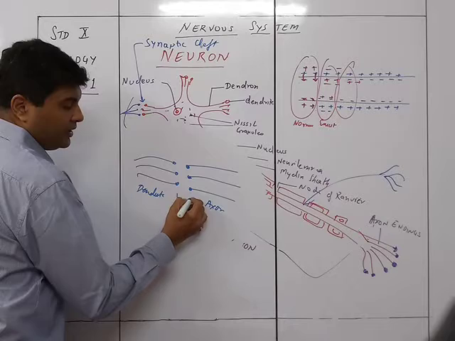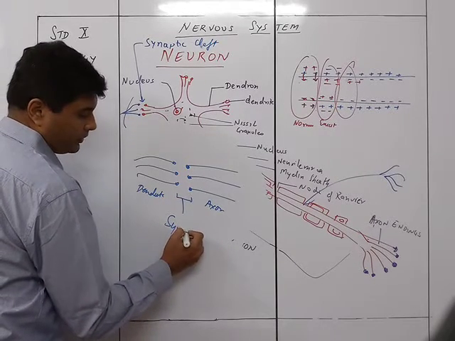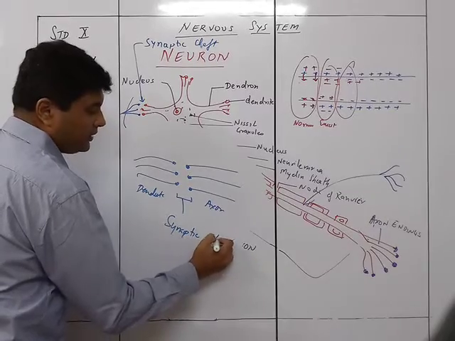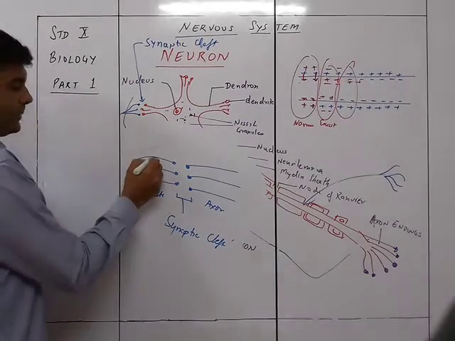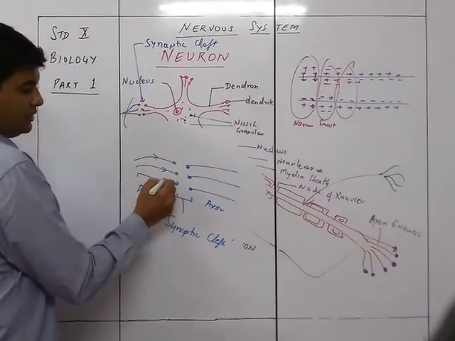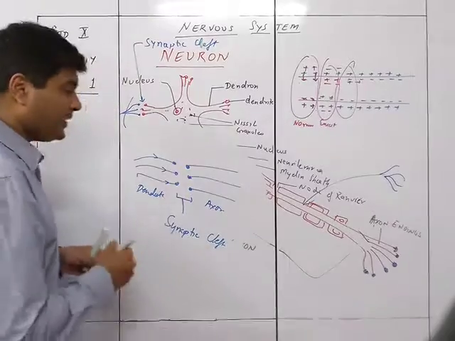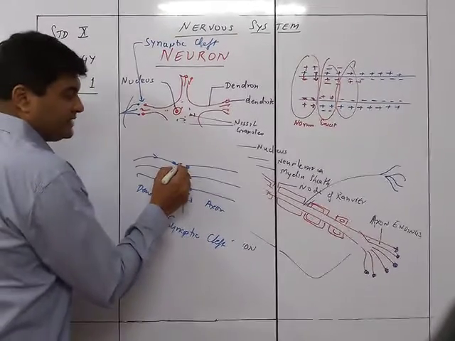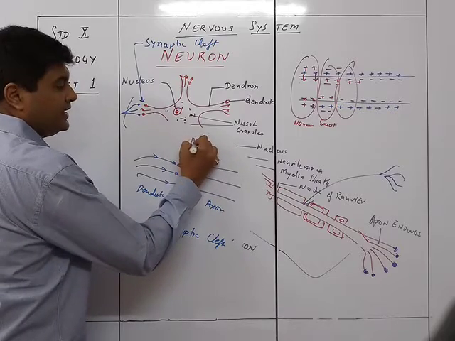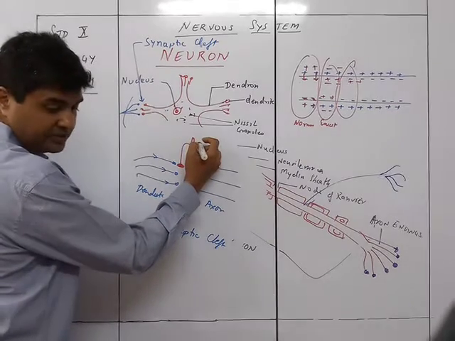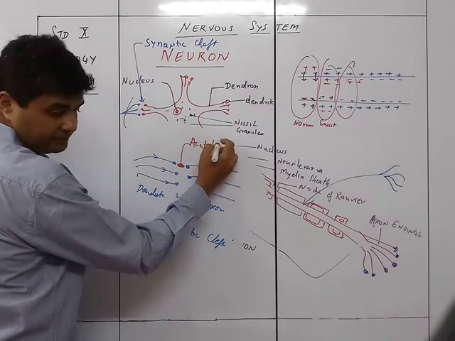This gap over here is called a synaptic cleft. And what happens is, as soon as the impulse reaches this point, there is one particular kind of chemical which is generated over here, which is called acetylcholine.